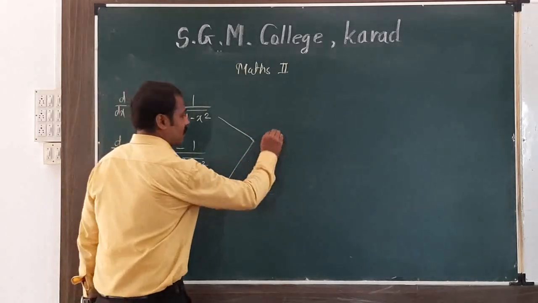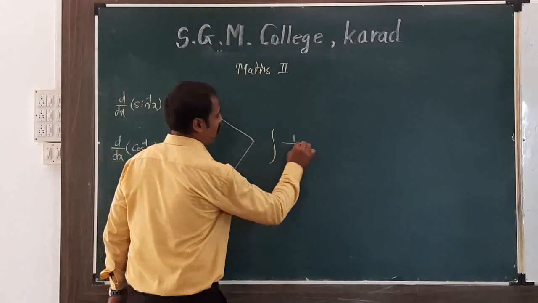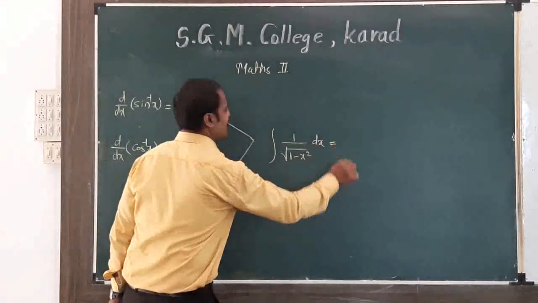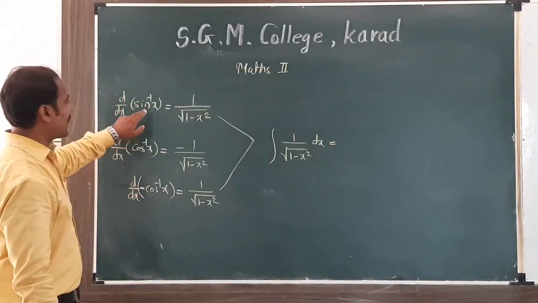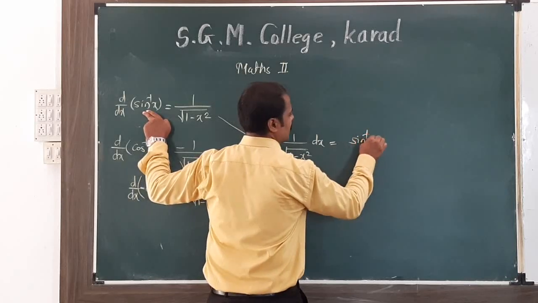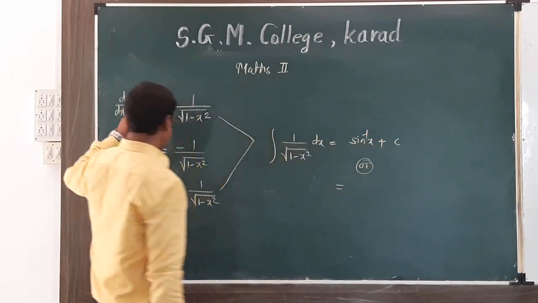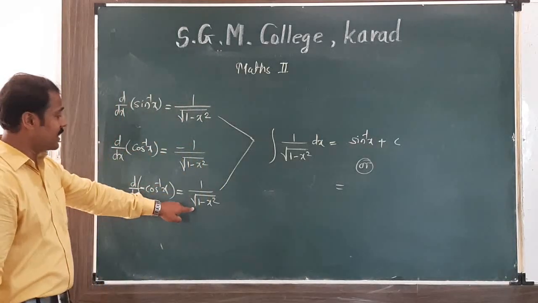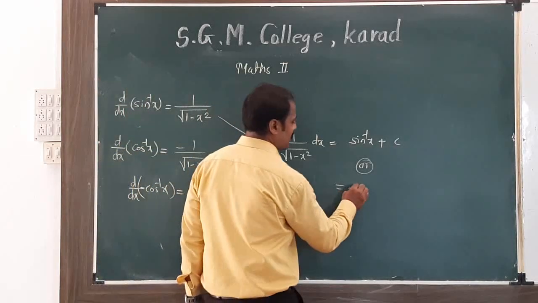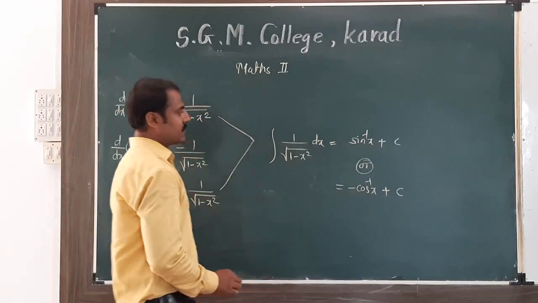Now we find the formula for integration of 1 upon root of 1 minus x square dx is equal to, either you can write sin inverse x plus c, or another formula for integration of 1 upon root of 1 minus x square is minus cos inverse x plus c.